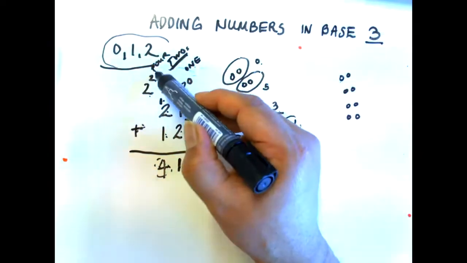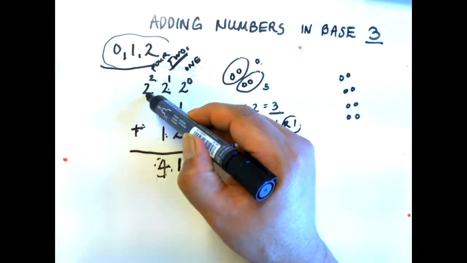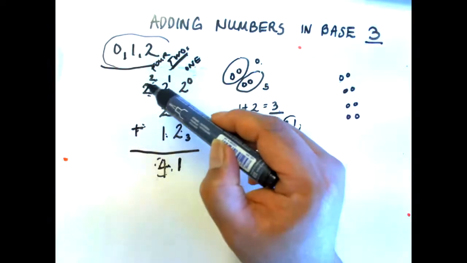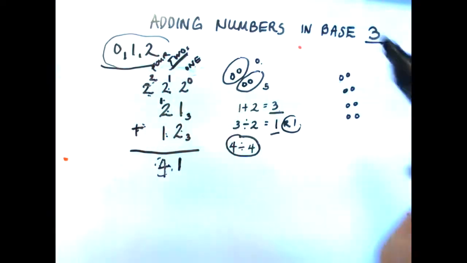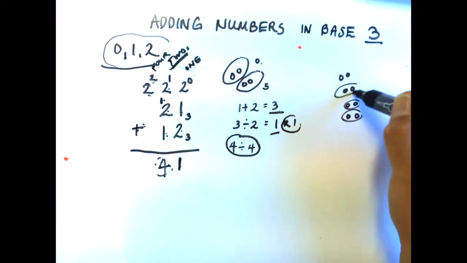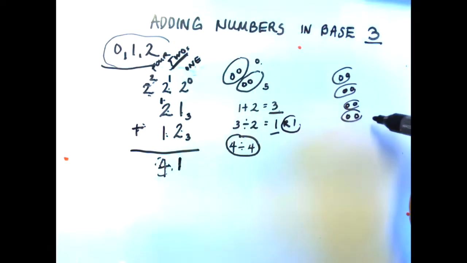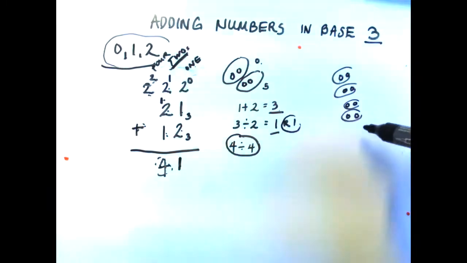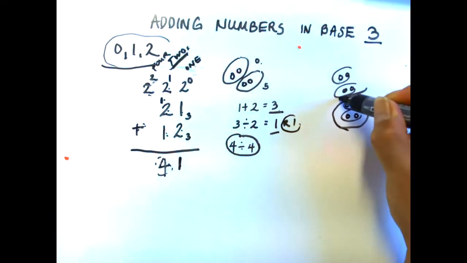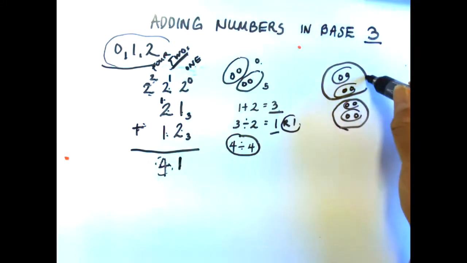Or how many 2 raised to the power of 2 are there, which is exactly just 4. So what it's saying is how many 4s are there? It should be 1 and 2.